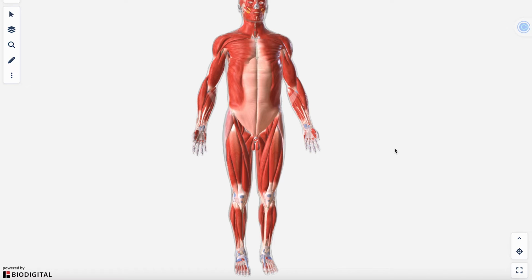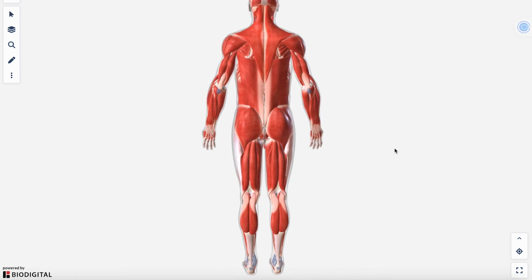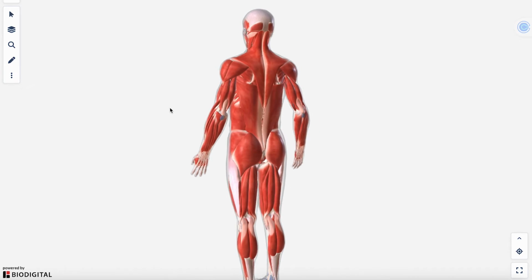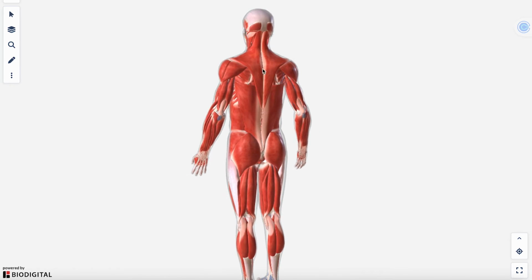So if we go and take a look at the model, the superficial layer of the extrinsic back muscles, we can see right here, and it actually looks like this in a real human body. We can see your big trapezius muscle here, and typically we classify this as upper trap, mid trap and lower trap region.